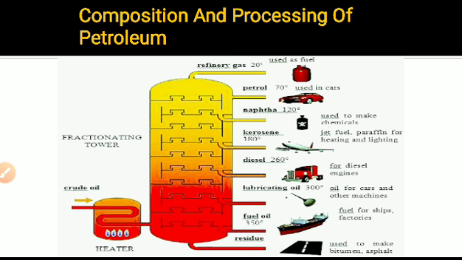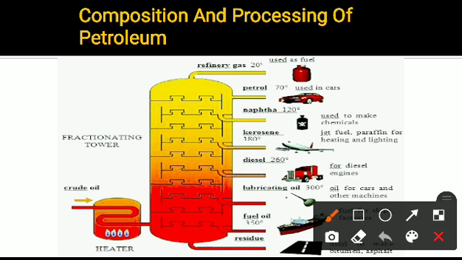Let me learn the refining of petroleum. Here this is a tank, called a refining tank. We get the petroleum from the earth crust and separate out the different petroleum products by the process called refining.